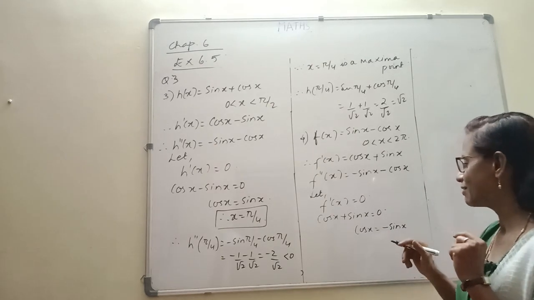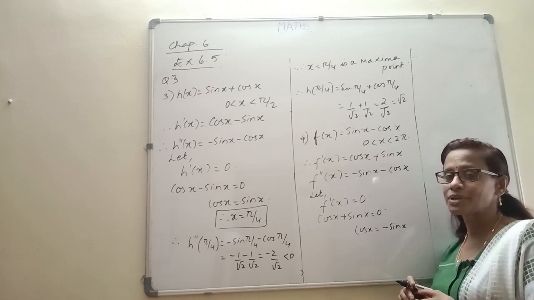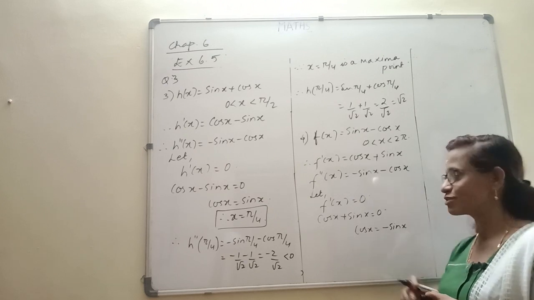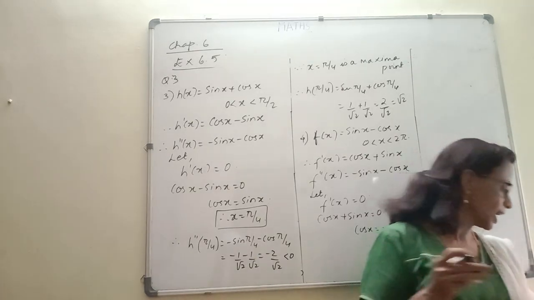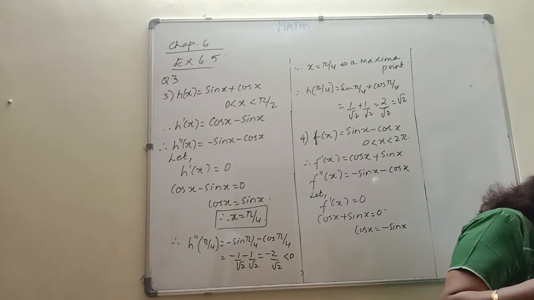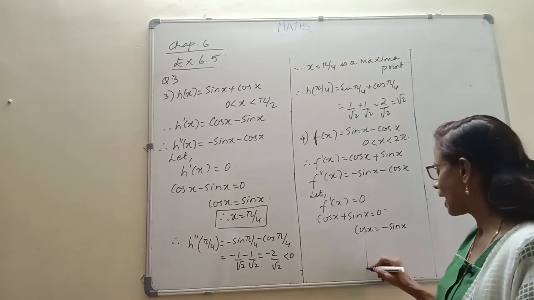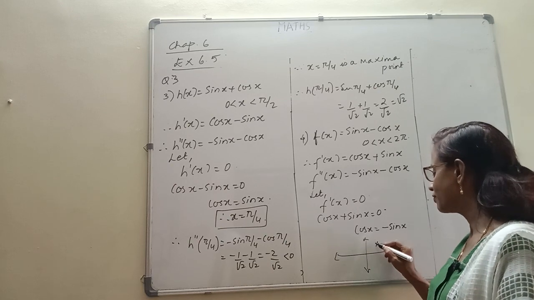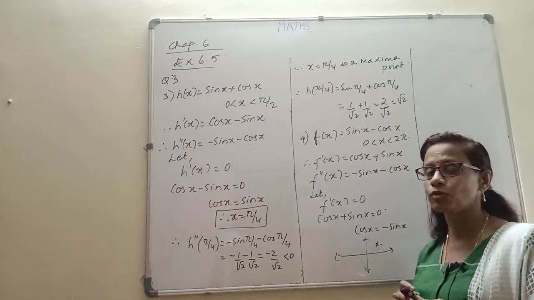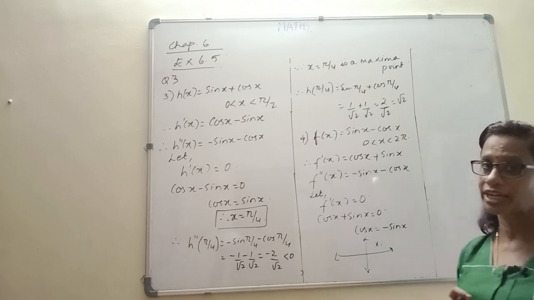So let's see now, where do you have this cos x becoming minus sin x? As I told you, it has to be a multiple of pi by 4. The only places where this can happen: it cannot happen in the first quadrant, because there sin 45 and cos 45 are equal.